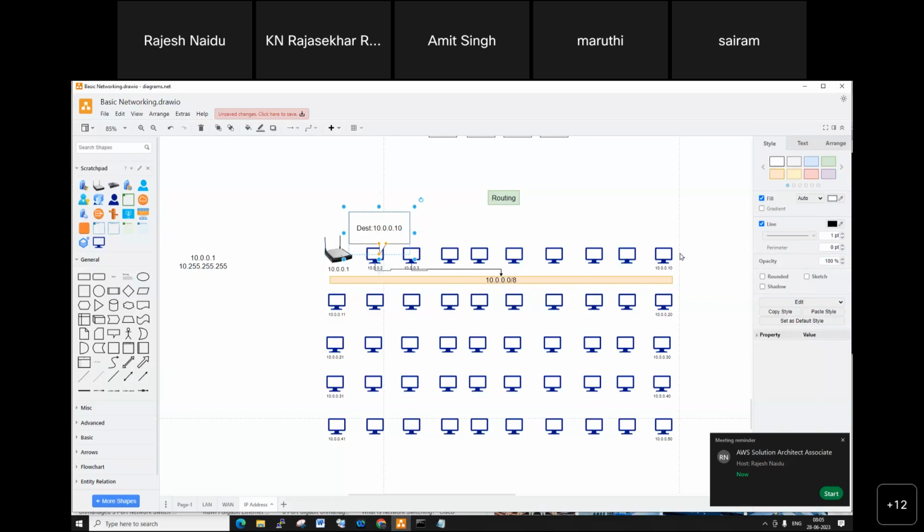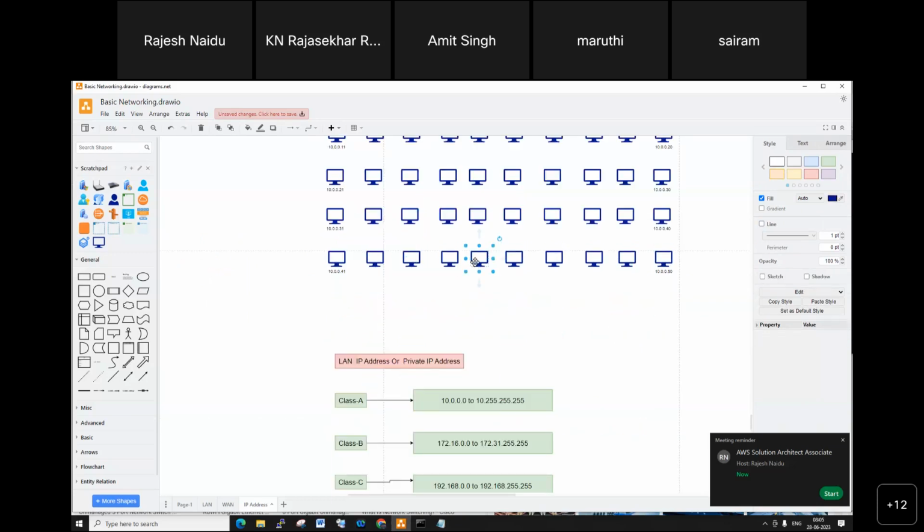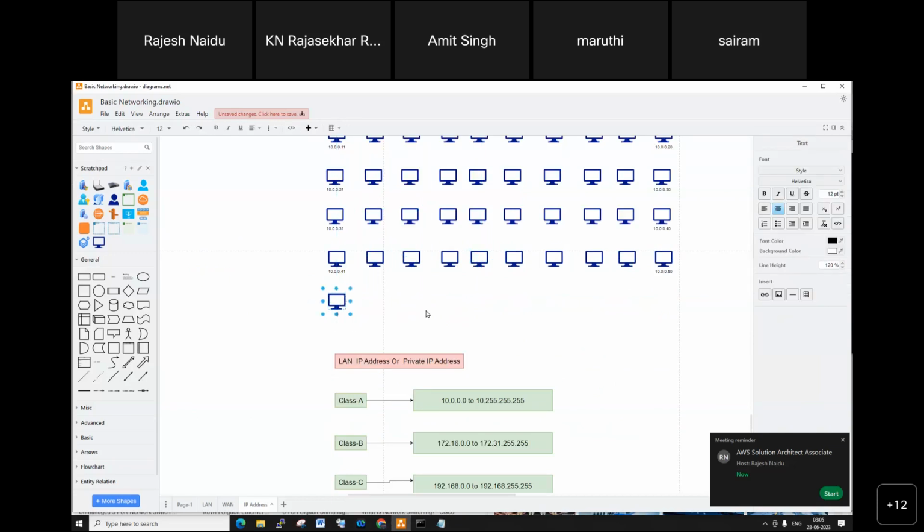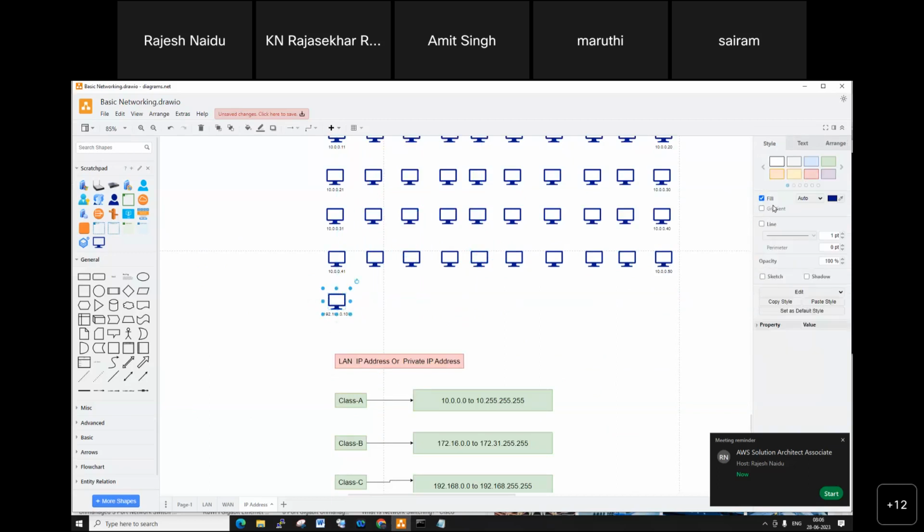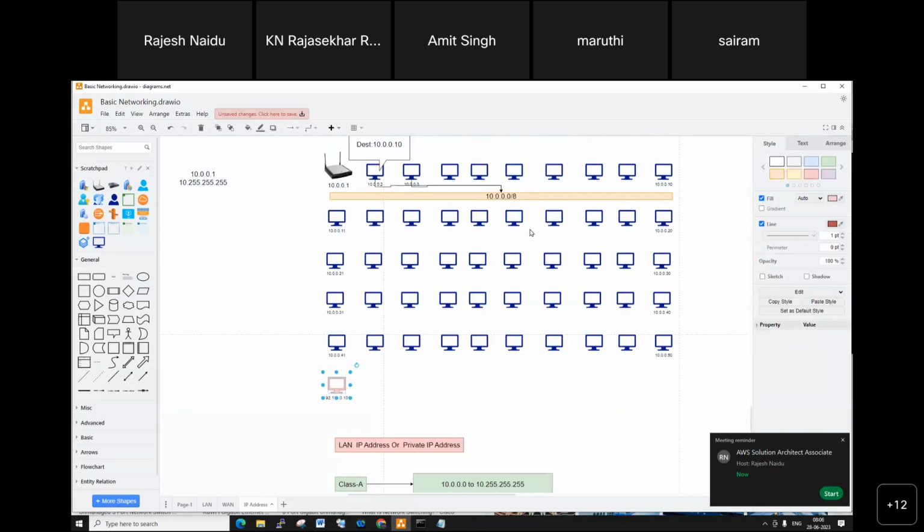Suppose one system in the network has 192.168.0.1, or maybe 0.100 or 0.10. This system will not be able to communicate. Why? The 10 network is different and the 192 network is different, so these systems will not be able to communicate with each other.